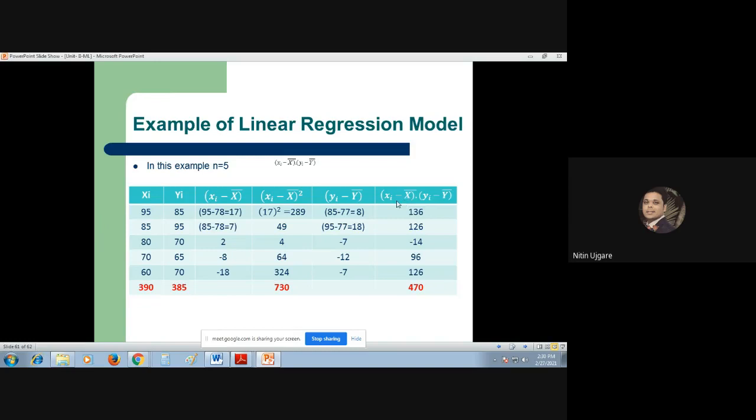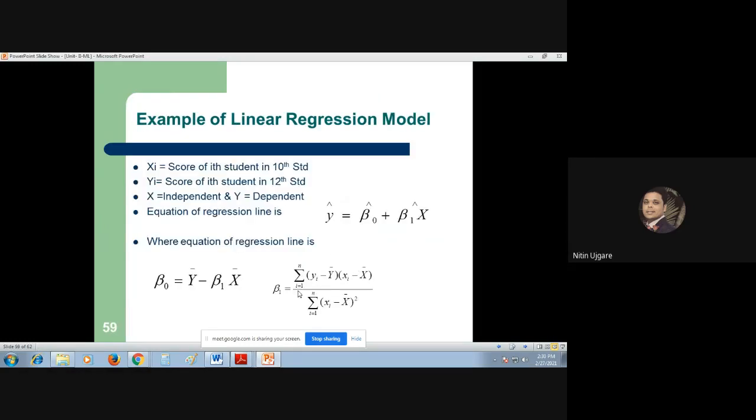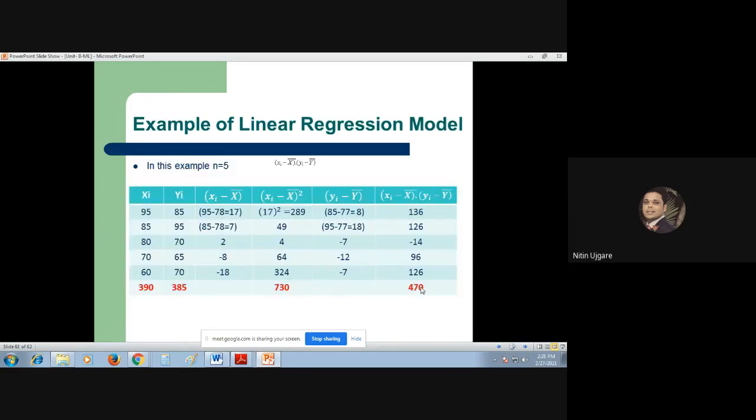Once we get these values, take the multiplication of xi minus x bar and yi minus y bar. So 17 into 8 is 136. Why are we doing this? Why do we need the last column? Because if you observe this equation, in the numerator what we need is the product of yi minus y bar into xi minus x bar. इसको पहले calculate करेंगे and then we'll get the sum of this.